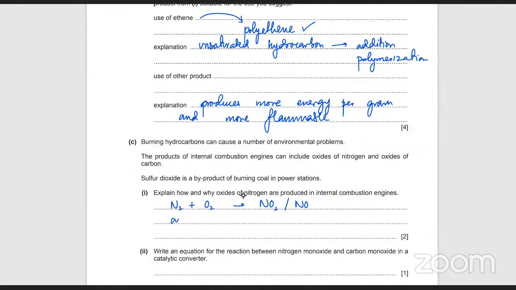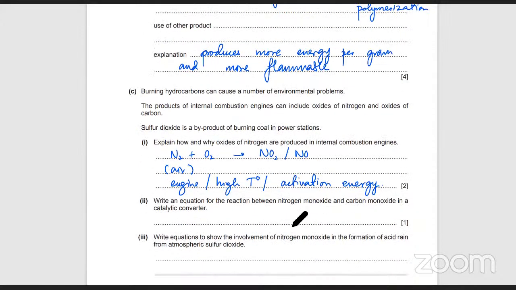This is air that contains N2 and O2, and the engine provides the activation energy. The high temperature in the engine ends up providing the activation energy.